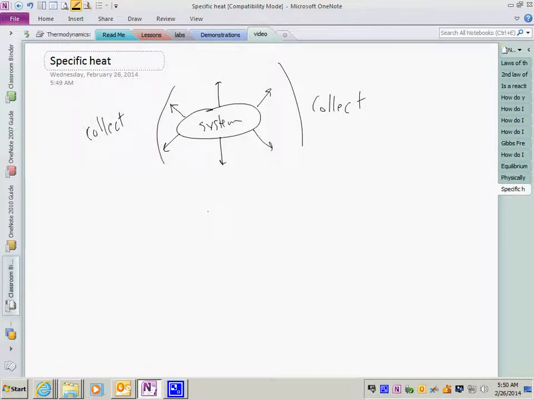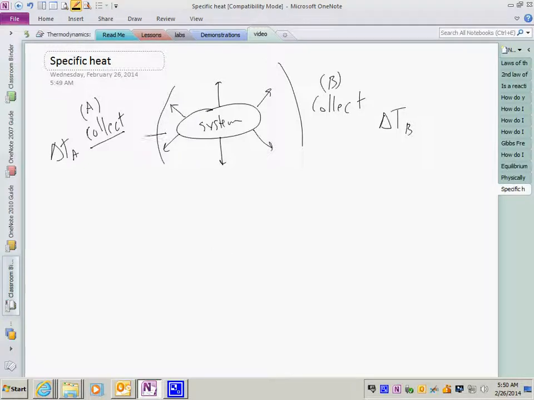And you would assume, and this really messed with people for a long time, that if item A collects a specific amount of energy, and item B collects that same amount of energy, the change in temperature of B would equal the change in temperature of A. And unfortunately, that just is not correct.